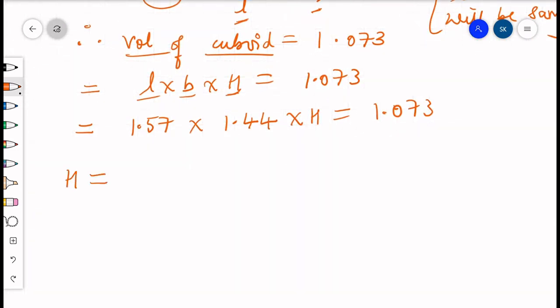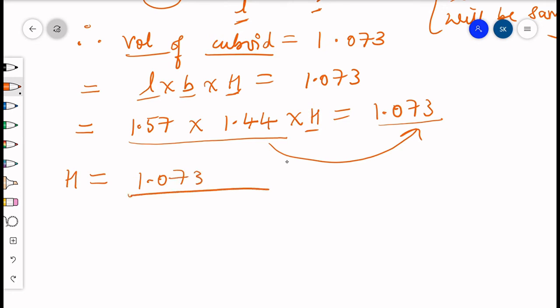This 1.57 into 1.44 is in multiplication with H, so it will go in division. So H is 1.073 divided by 1.57 into 1.44. Now quickly you need to divide this.